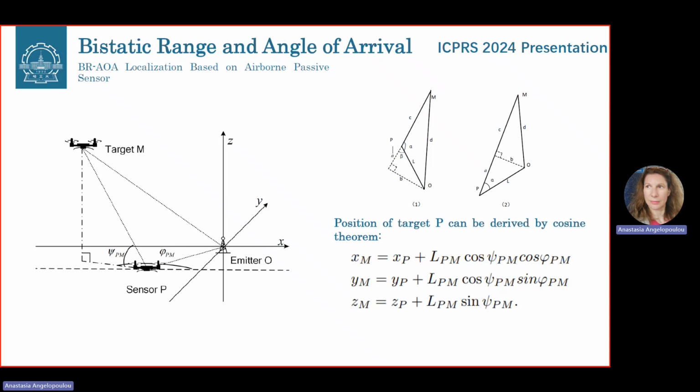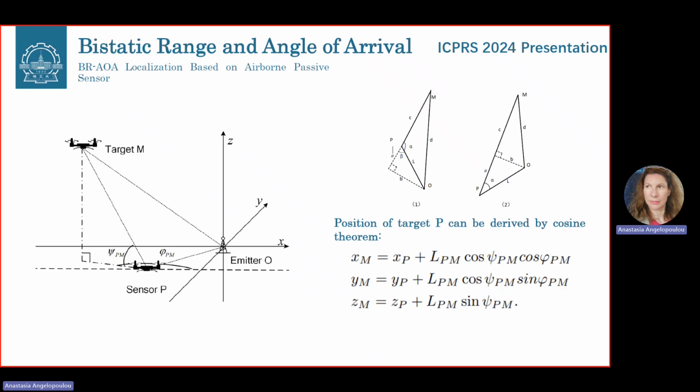Before I explain why we do this, I will introduce a single target BRAOA positioning method, which is used in my research as a cornerstone. Bistatic range is the traveling distance from the signal delivered from the emitter, reflected by the target, and received by the moving sensor.